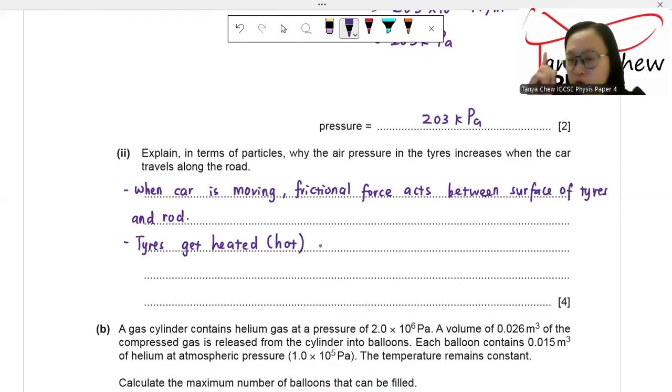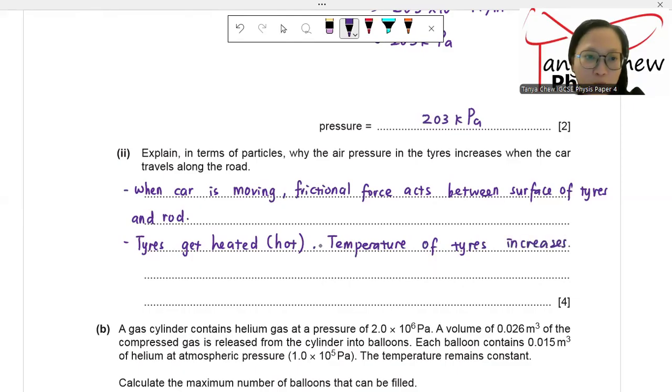Bear in mind just one more thing: frictional force can only act when the object is moving, right? And then the temperature of the tires increases. When the temperature increases, what will happen? The air particles inside the tires gain kinetic energy, because temperature is related to kinetic energy, if you remember.